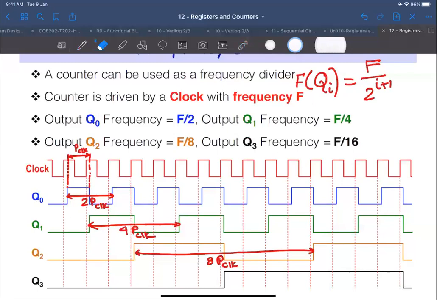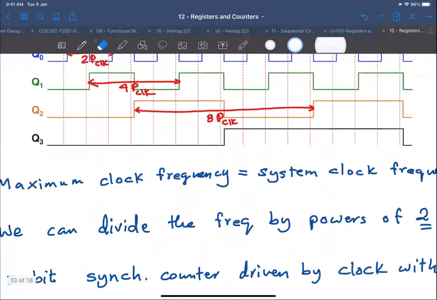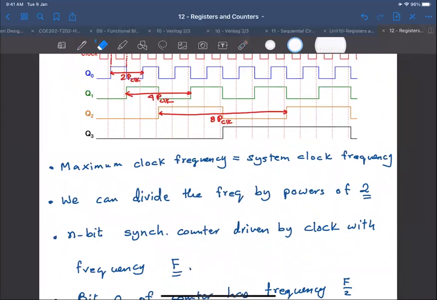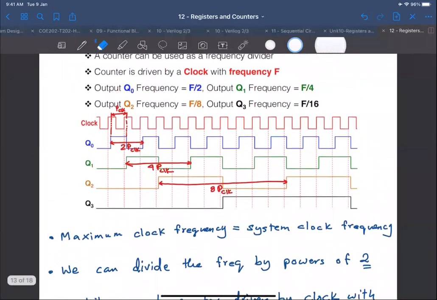And this is actually mentioned in the notes here. So the maximum clock frequency is the system clock frequency, which is this one here. Okay, so we cannot exceed this. We cannot double the frequency. We can divide by some factor.